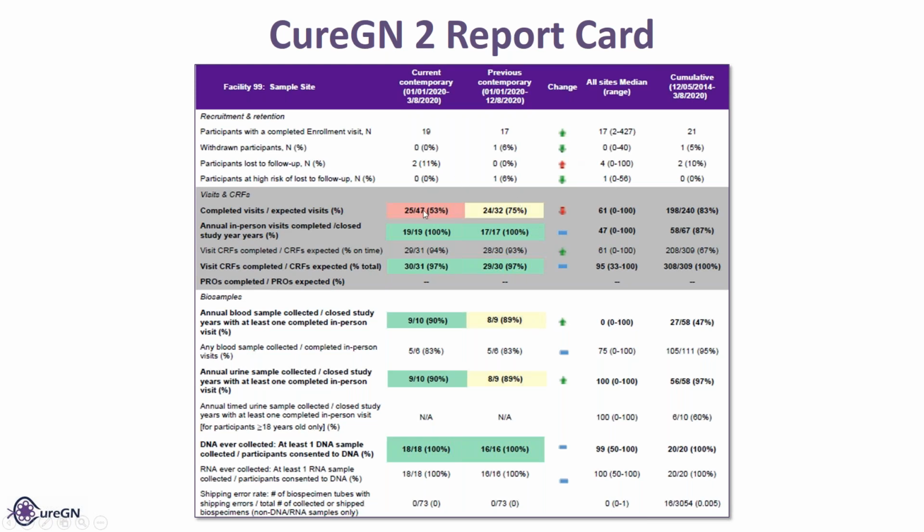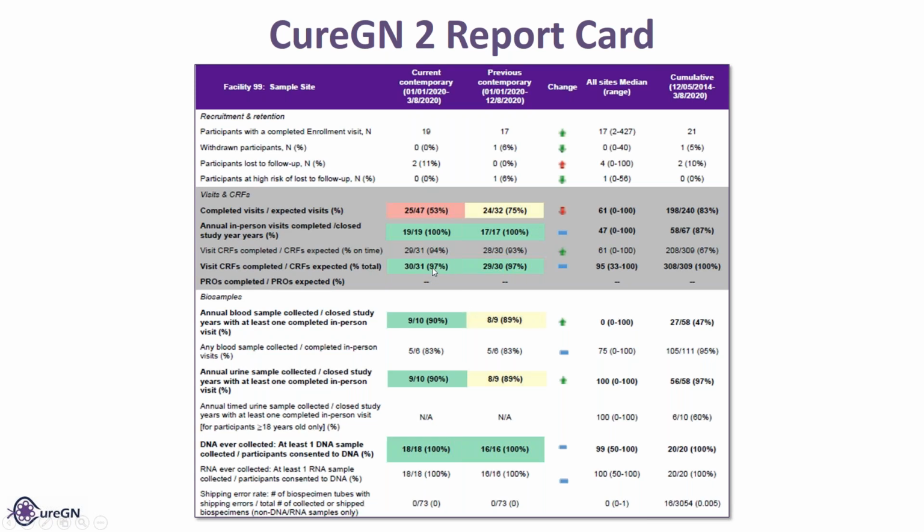Okay. And then we still have the red zone metrics. And those are the ones that are going to have colors. So we have the completed visits, the annual in-person visits, as well as the CRF completed. And then we have annual blood, annual urine, and then DNA ever collected. Okay.